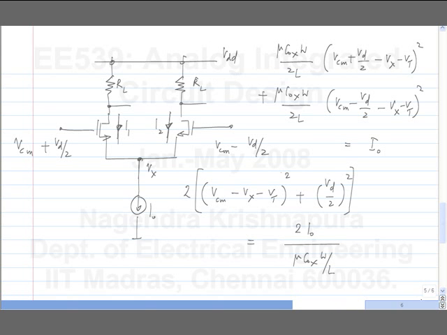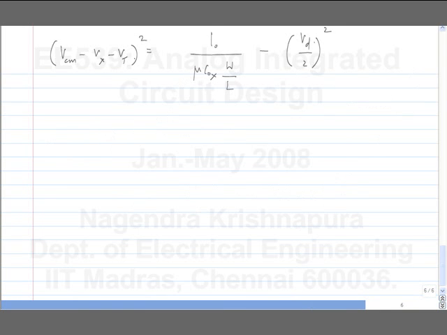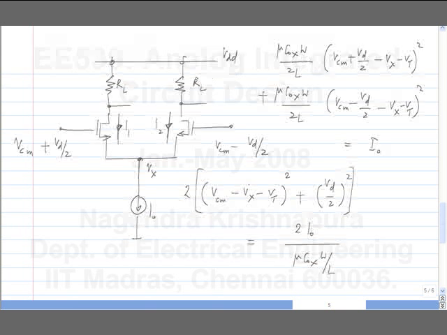Yeah. So this gives me this. From this I can calculate the value of Vx. That also has some interesting properties that we'll see afterwards. But my primary interest now is in finding Vout.